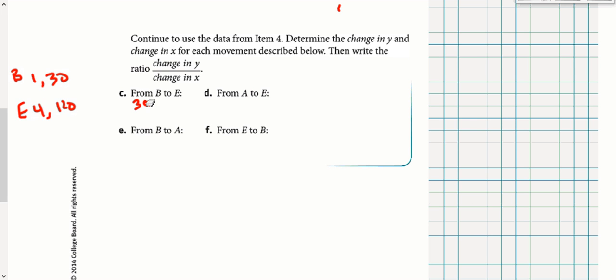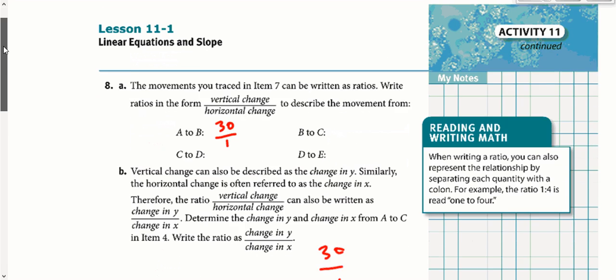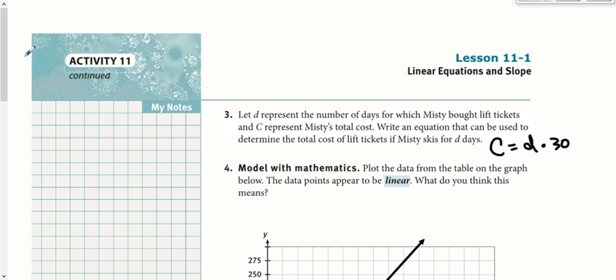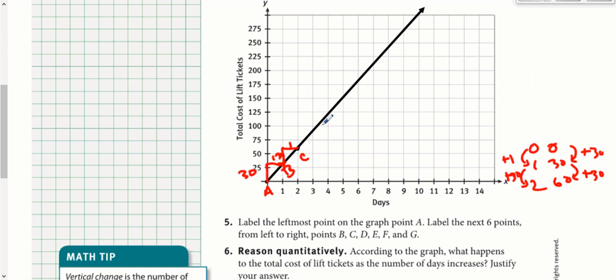So our change in Y goes from 30 to 120. That's an increase of 90. 1 to 4 is an increase of 3. So that would be 90 over 3. If I look at the graph up here, 4 and 120, that was right there.